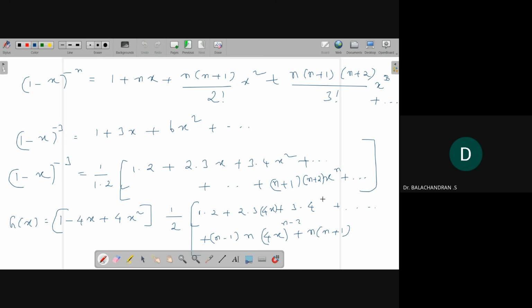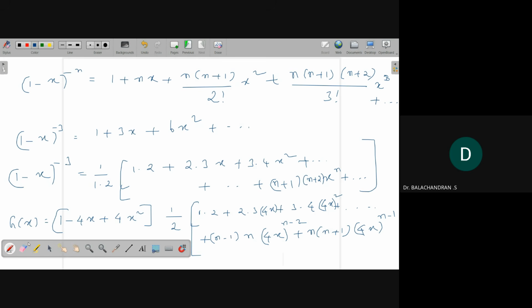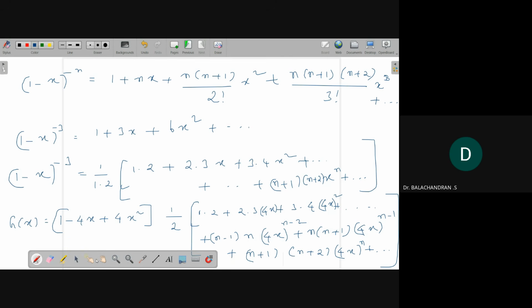And then here, 3 into 4 into 4x square, plus dot dot dot n minus 1 into n into 4x whole power n minus 2, n into n plus 1 into 4x whole power n minus 1. And the nth term, coefficient of x power n, n plus 1 into n plus 2 into 4x whole power n, plus dot dot dot. Now you should compare what?